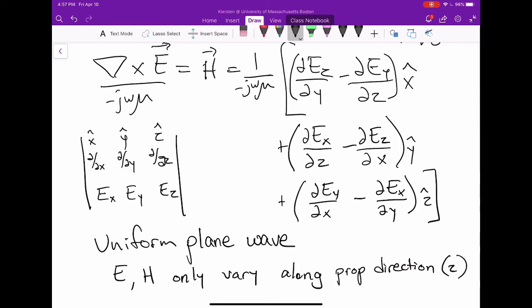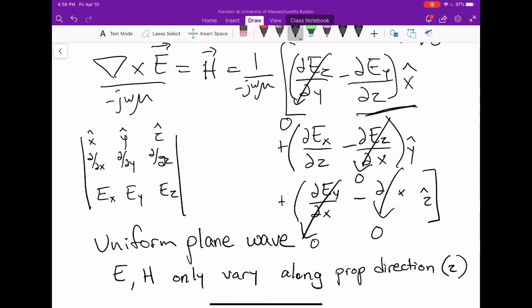But in this case, it is z, and that makes our job really easy here, because anything that is not a z derivative goes to 0. So these x derivatives go to 0. These y derivatives go to 0. The only terms that are left are x and y. You can see that here there's no z component at all.